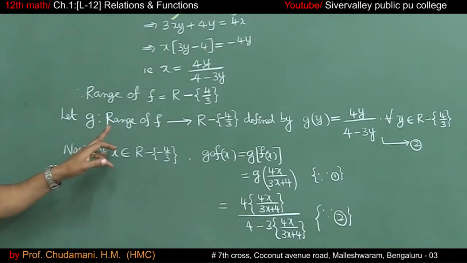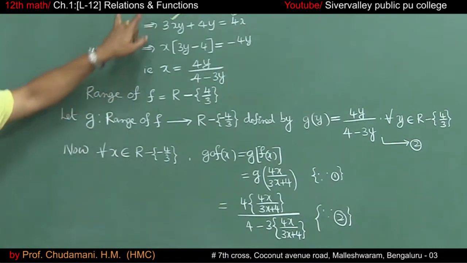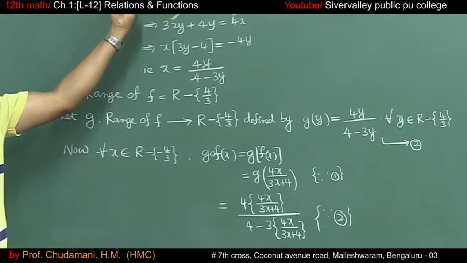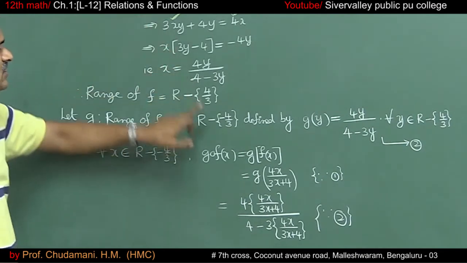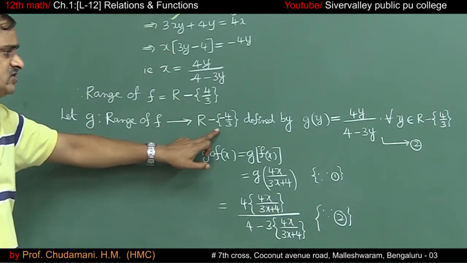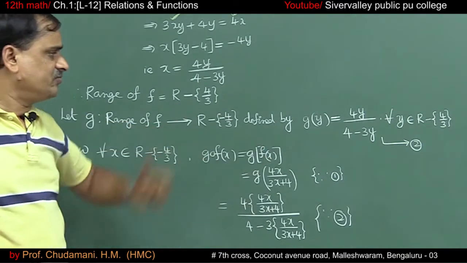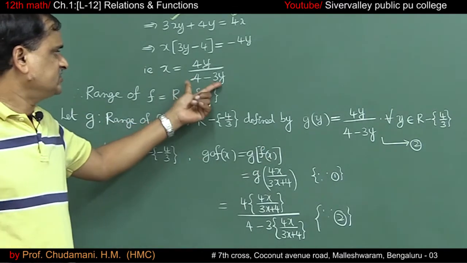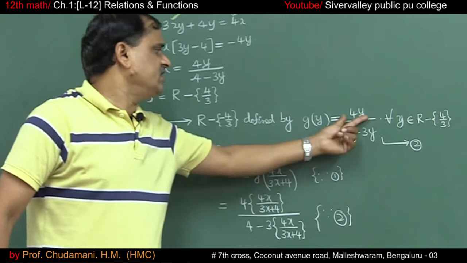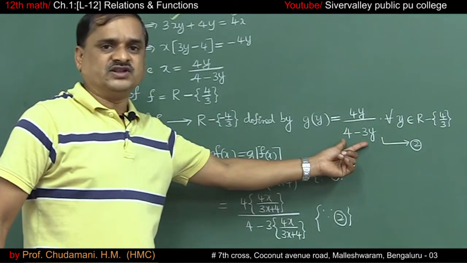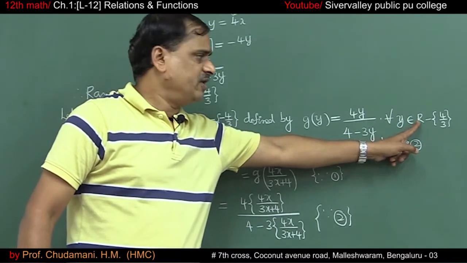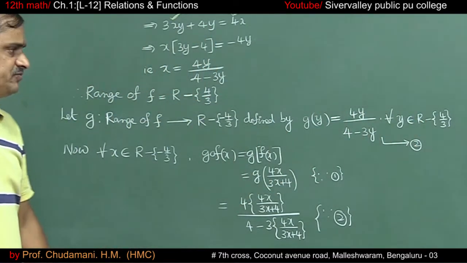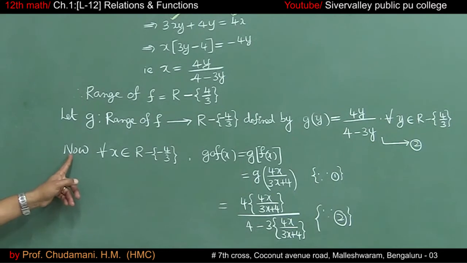Let us assume the function g from B to A, that is range of f to the set of real numbers except minus 4 by 3, defined by g of y is equal to x. X is nothing but 4y divided by 4 minus 3y. Say equation 2, for all y belongs to the real numbers except 4 by 3.